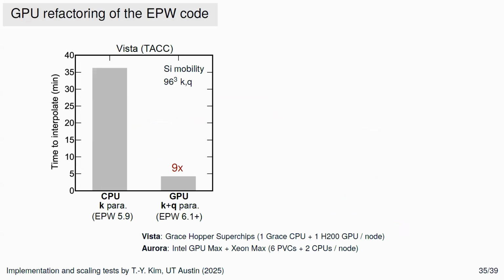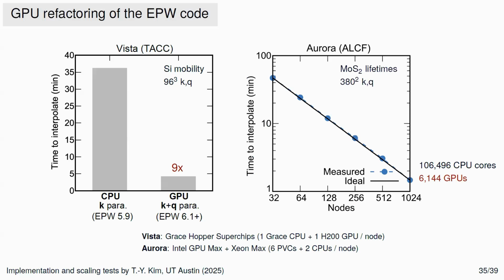And these are just tests to show you that at this point, the previous version of the code has been accelerated almost 10x, meaning that whatever we could do before, now we can do 10 times faster by using GPUs. And this is also another test to show that it is not just working on a single GPU node that needs to be accelerated, but also working on many GPU nodes. If you can do acceleration only on one node, that's not good enough.